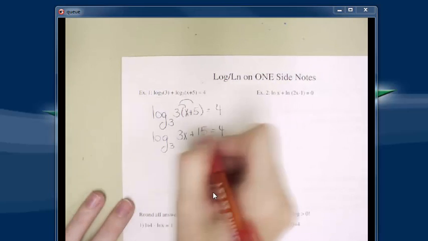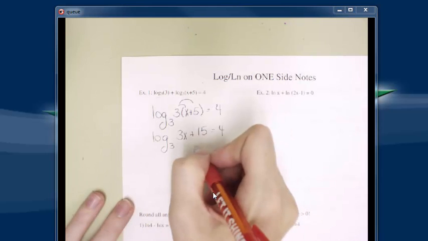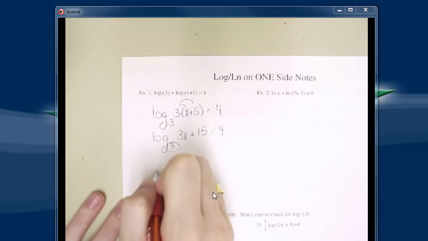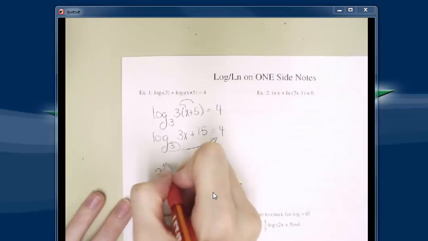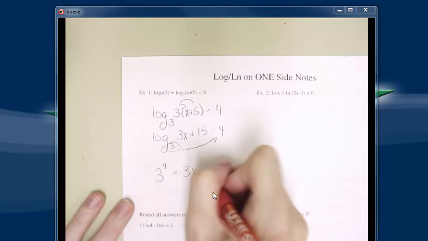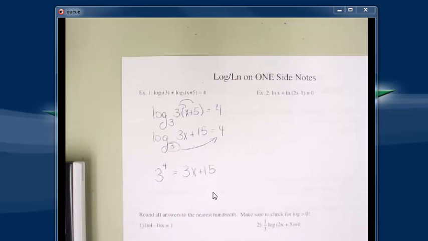Now, if I just typed this in, it wouldn't work because I have the variable on this side, so I'm going to take the log and turn it into exponential. Base of 3, loop over to 4 equals 3x plus 15. Now, I can type in 3 to the 4th, get 81.